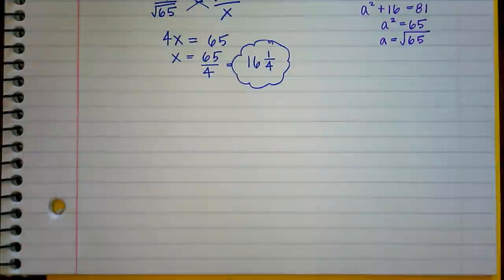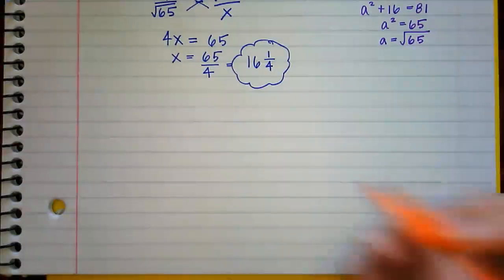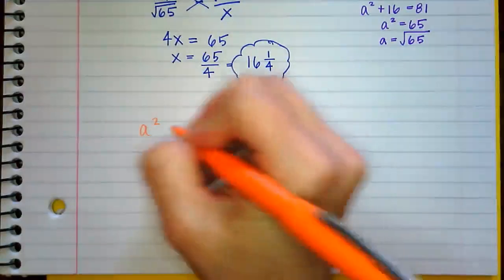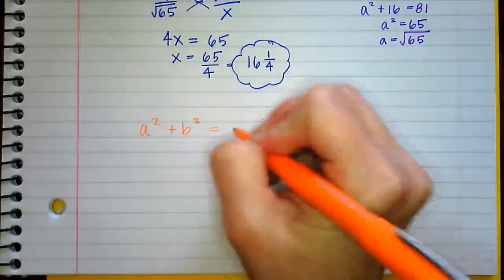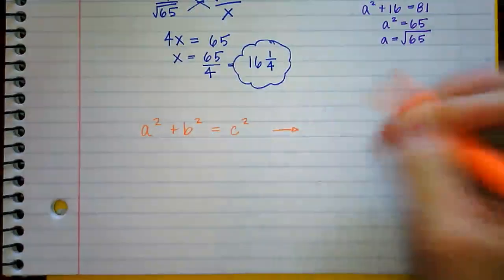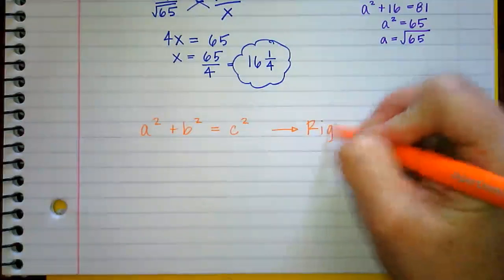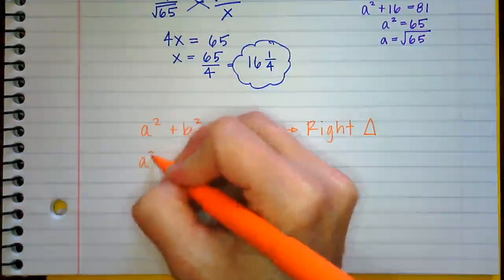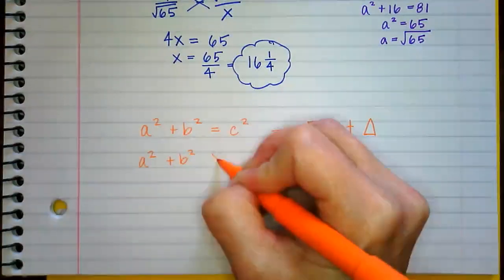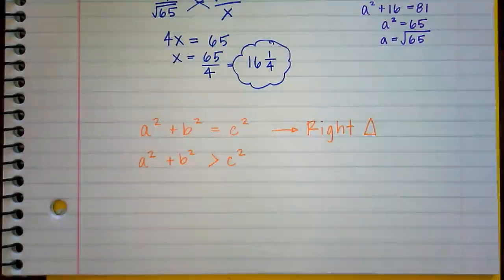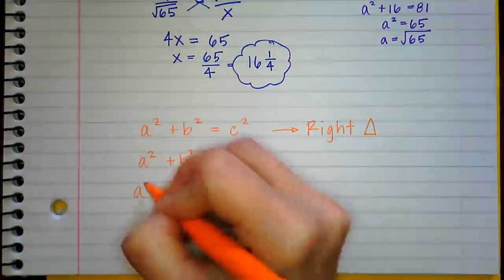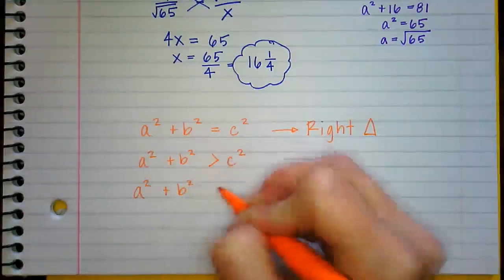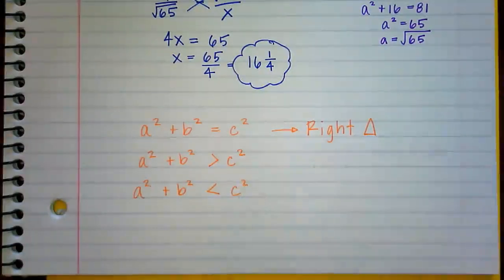There is another use of Pythagorean theorem, and I don't know if your teacher from last year mentioned this or not, but not only do you know that a squared plus b squared equals c squared works for right triangles, but have you ever thought about what happens if a squared plus b squared is bigger than c squared? Or what if a squared plus b squared is smaller than c squared?